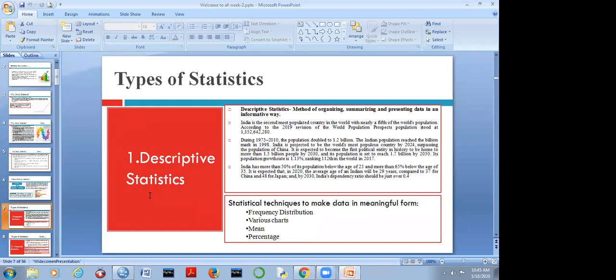I will give an example. See, a few examples I have quoted here. One paragraph I have taken from somewhere about the Indian population.